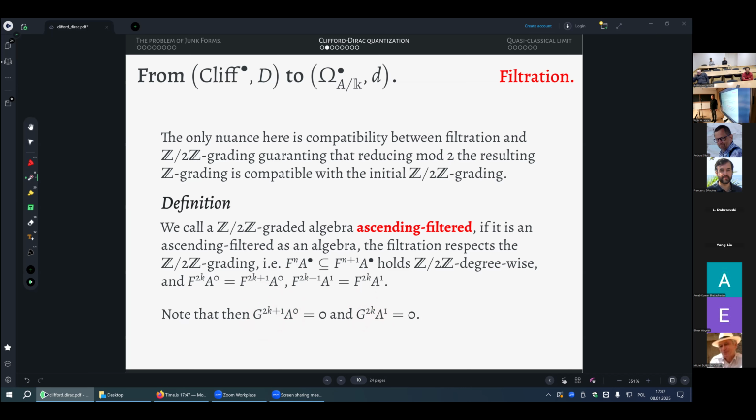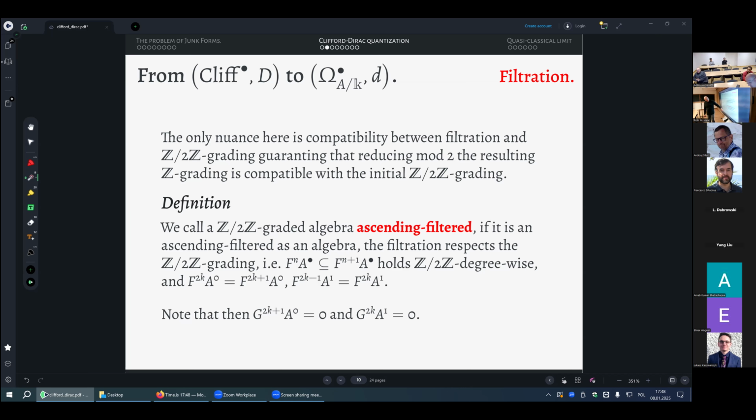Which means that the associated gradient is equal to the canonical Z grading, which is compatible with the initial Z2 grading. So if you take the image, you obtain something which is Z2 graded.